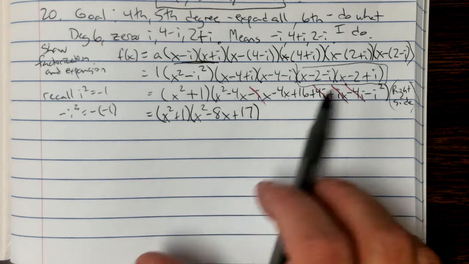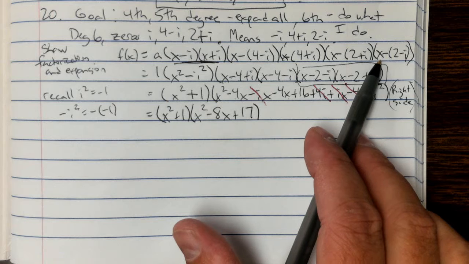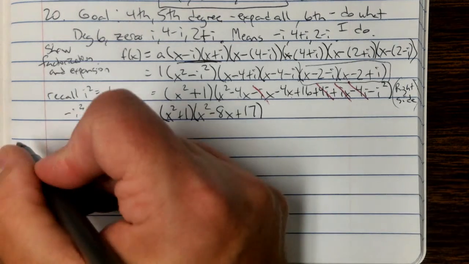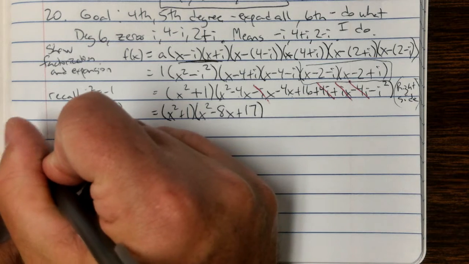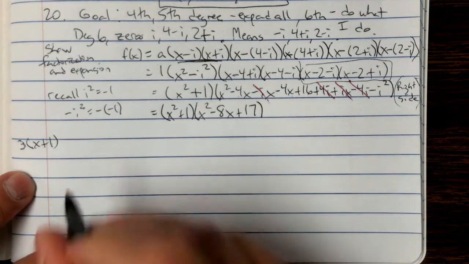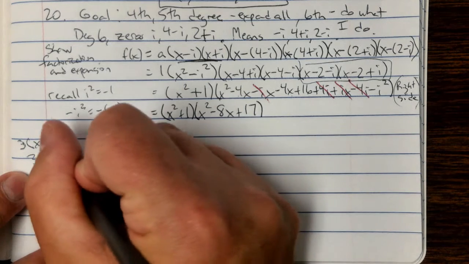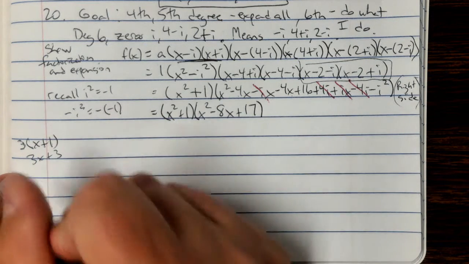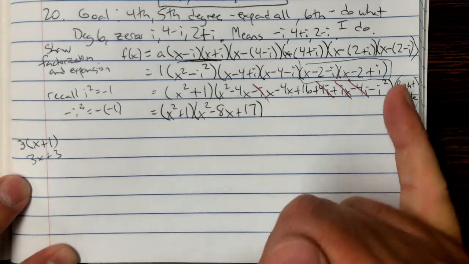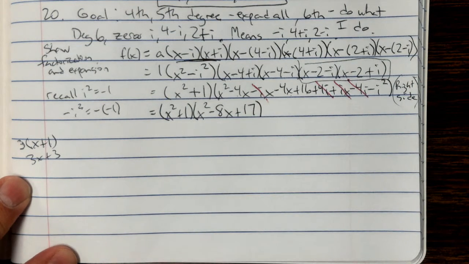And now I'm about to work on these two. I guess the difference is, if you were normally distributing, it'd be just like 3 times x plus 1 is 3x plus 3. But the problem is, on this, we've got so much more multiplication that it is more complicated.